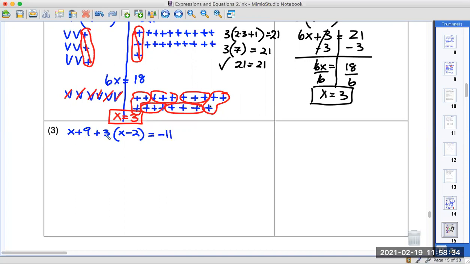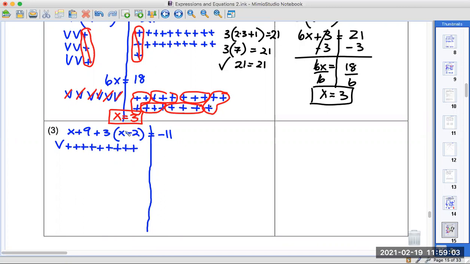X plus 9 plus 3 times the group x minus 2 is equal to negative 11. So always draw your line. Since this is a big problem, I'm going to make a big line. So let's draw our cups. 1 x and 9 positives. 9, yep.